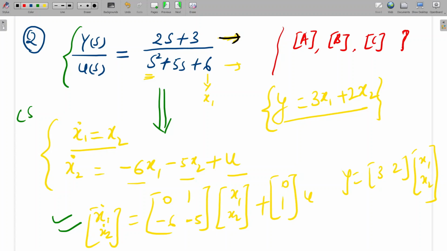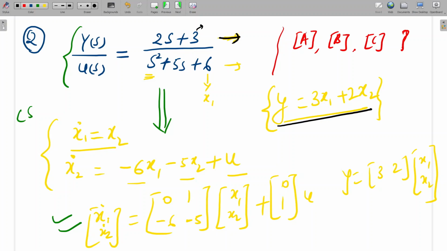This represents the y equation. The constant will be x1 and this x1 dot will be x2. So y will be 3x1 plus 2x2. The below equation will refer to the A matrix equation. So this is x1, this is x1 dot. x1 dot is equal to x2.